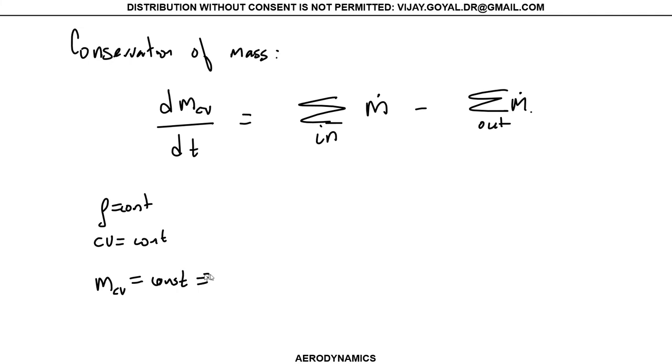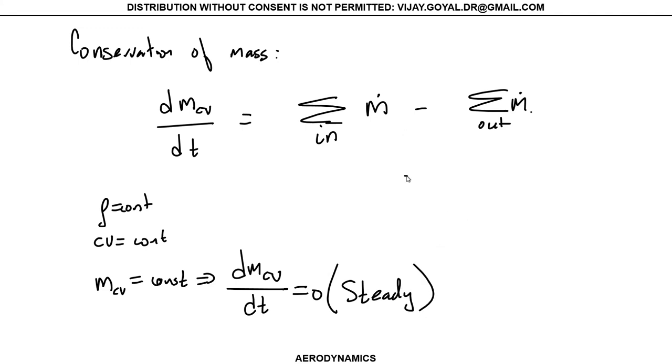Therefore, this term, the change of mass of the control volume with respect to time, will give you 0. The problem basically says this is the same thing as saying that this is steady.